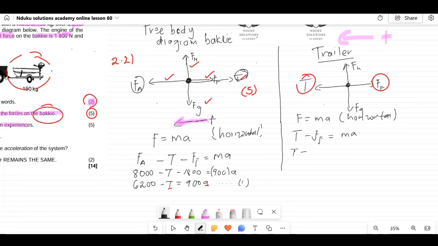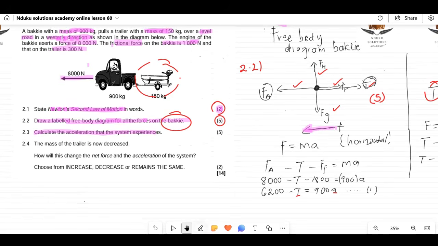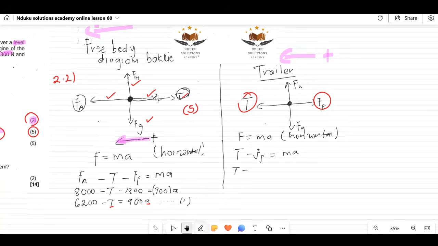You can also check, just to make sure. So we are substituting 300 newtons, and the mass was actually 150, multiplied by the acceleration. So here's our equation number 2.